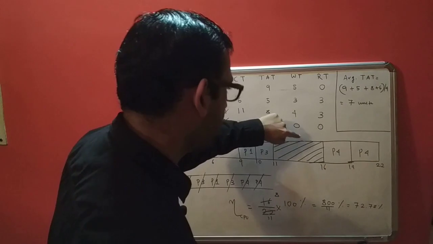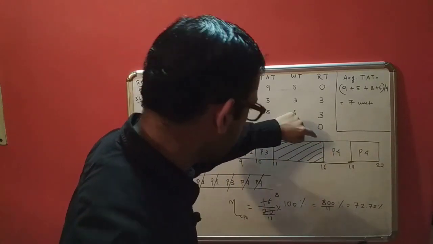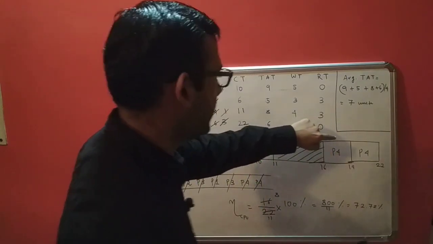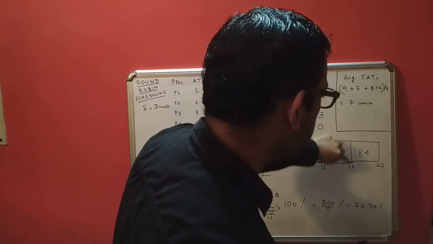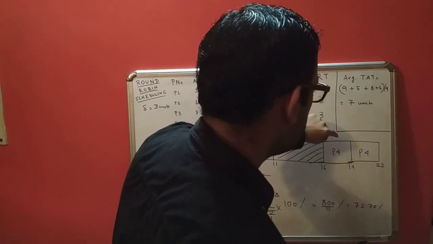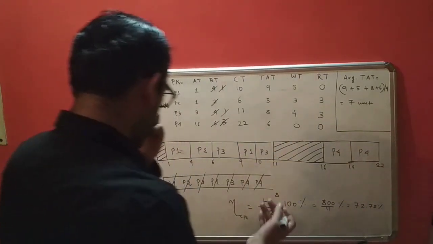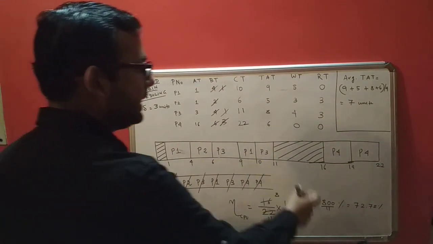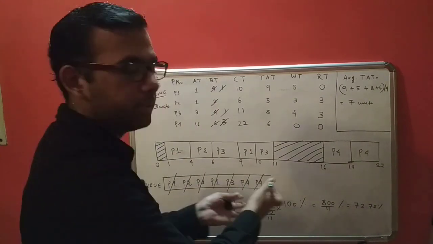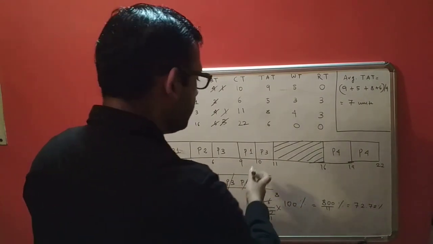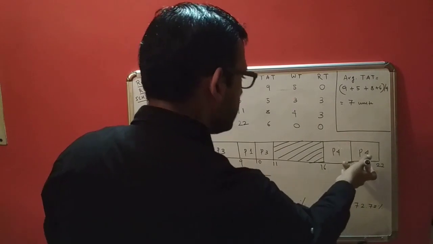P3 to idle state, back to P4, and then again P4 gets it. This will be counted as a context switch because the process will be taken out and brought into the queue, and then again, since no other process was competing with P4 at this point, it will again be allocated. So there will be another context switch.